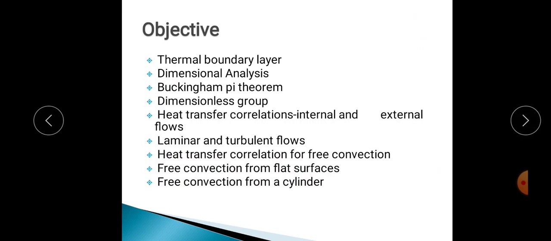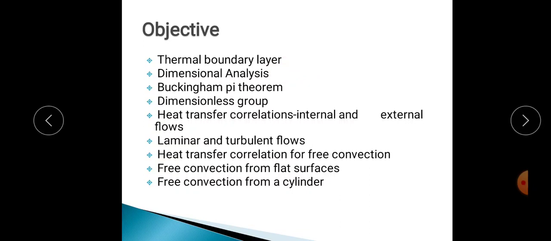So first of all, what are the objectives of this particular video assignment? There are various topics which I'll be discussing one by one. First is the thermal boundary layer. In this I'll be discussing what actually the thermal boundary layer is, and how it forms, with the help of a diagram also. The next one is dimensional analysis.